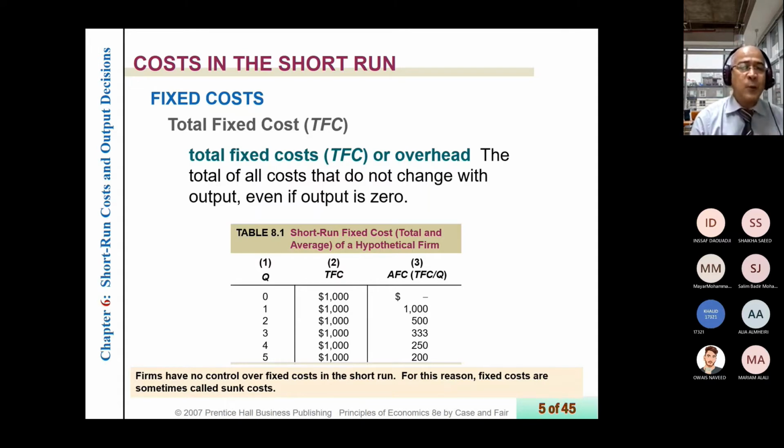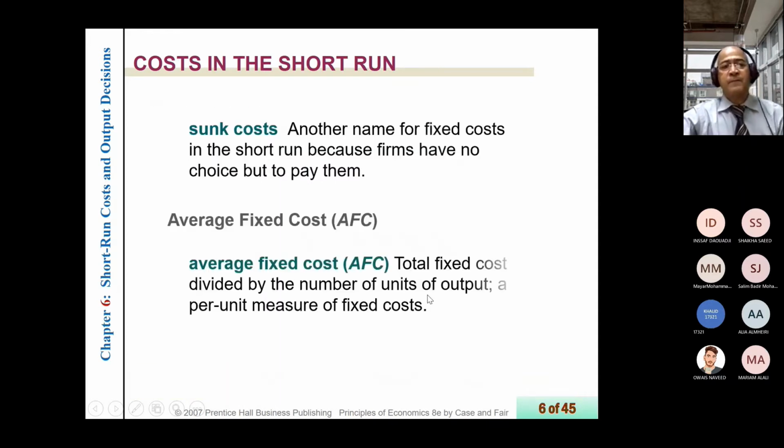So to lighten the heavy rent, it's better for Khalid to produce as much as he can from the view of fixed cost. Also, we call fixed cost sunk costs.